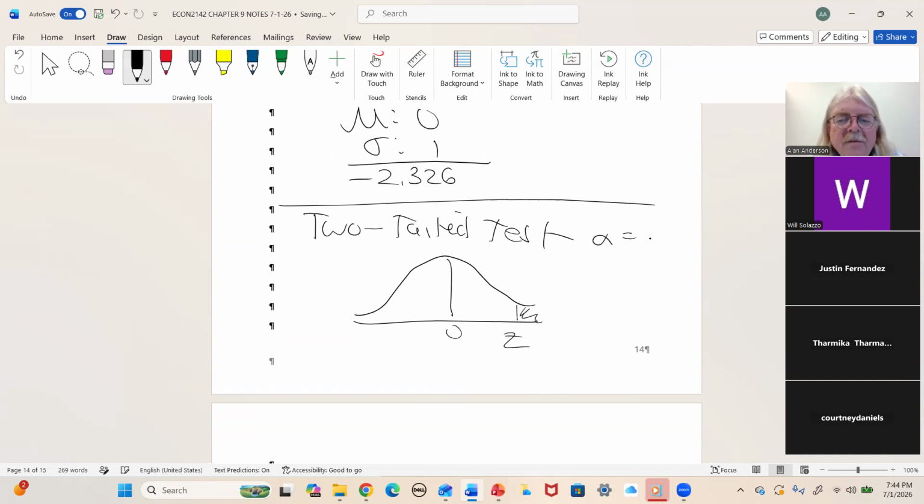So in our case, alpha is 0.01, half of that is 0.005. Actually, let me do this. And that refers to the tail area down here at the opposite side.